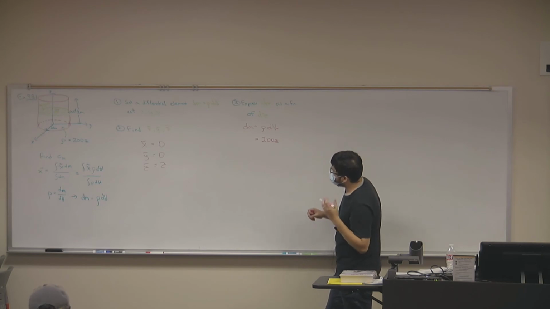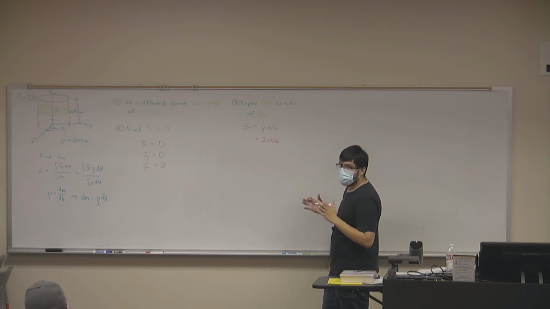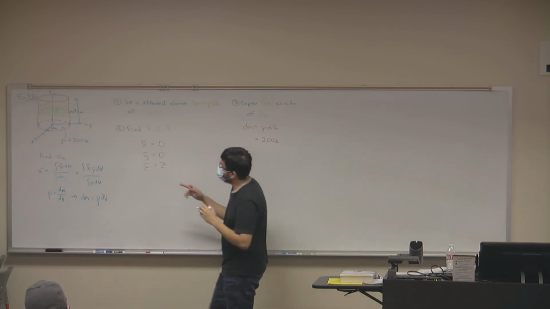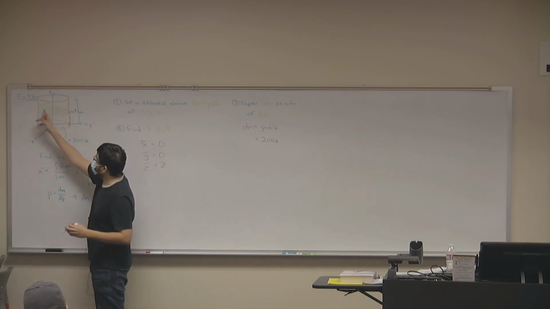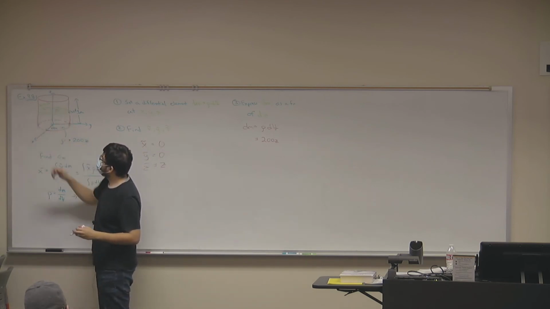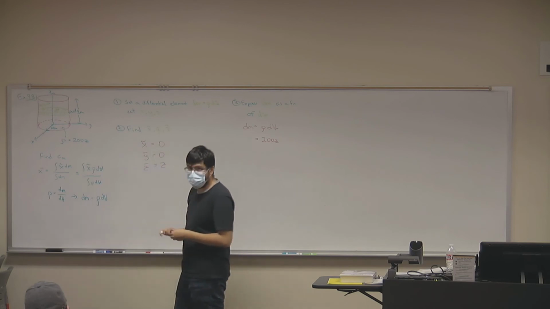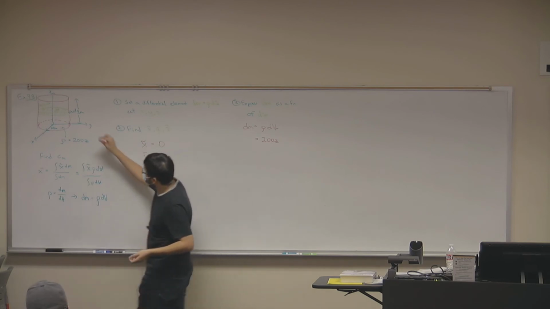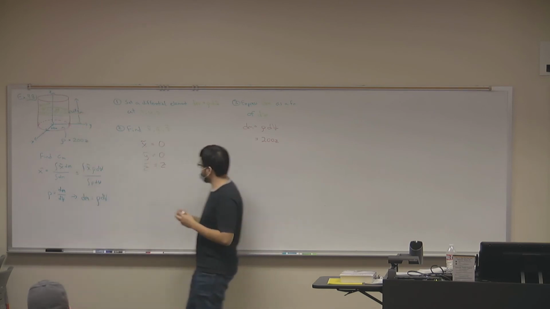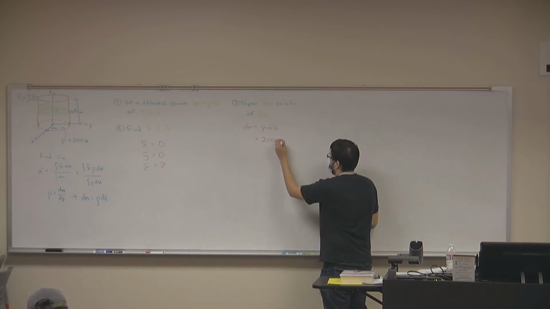And then how can we express our volume as a function of dz? What's the volume of this element? It is pi r squared times dz. Okay, pi r squared times dz, right? So pi, radius, I'm not going to write it down yet, squared times dz.